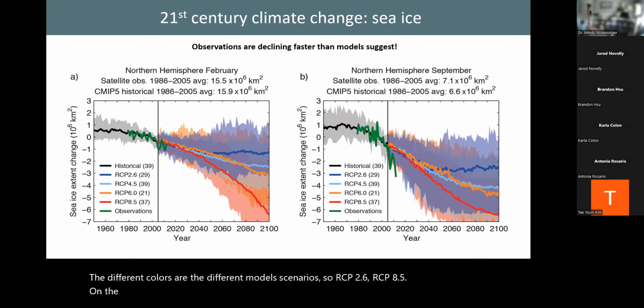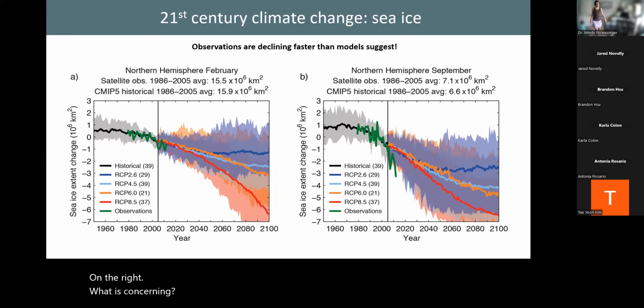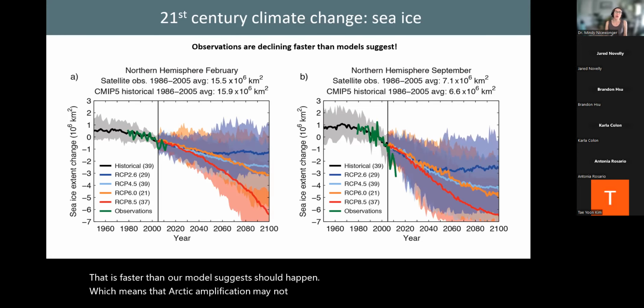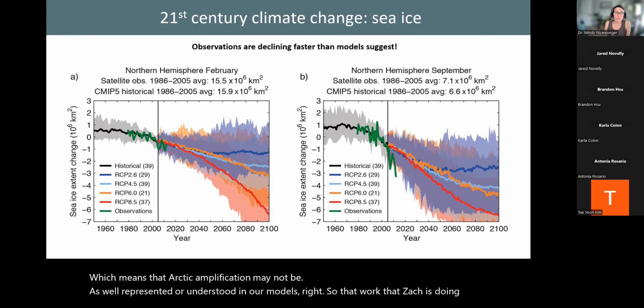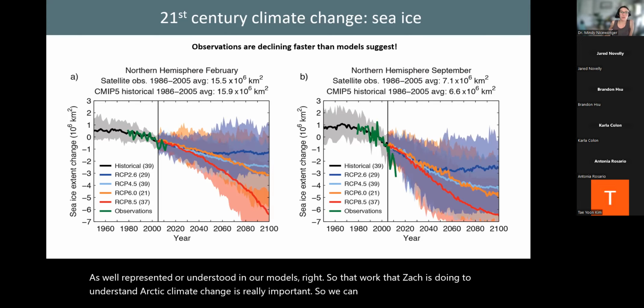On the right, what is concerning is that the observations, what's actually happening, the green line, show a decline in summer Arctic sea ice extent that is faster than our models suggest should happen, which means that Arctic amplification may not be as well represented or understood in our models. So that work that Zach is doing to understand Arctic climate change is really important so we can add it to our models.